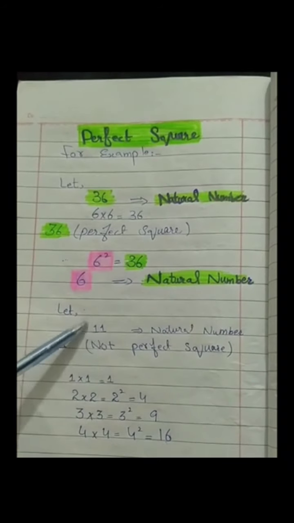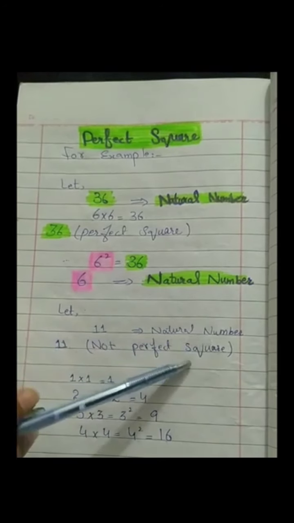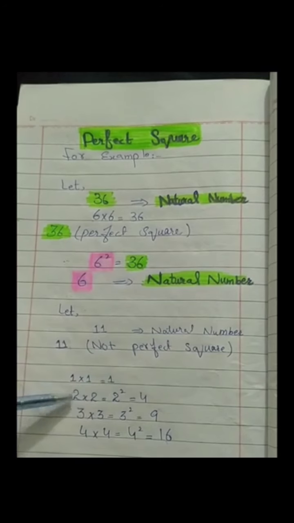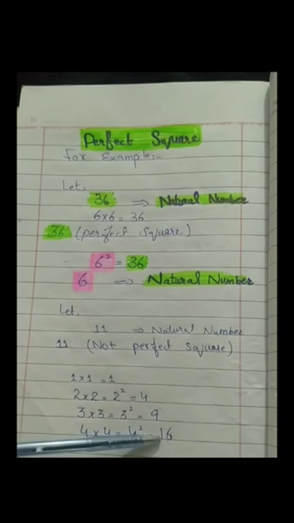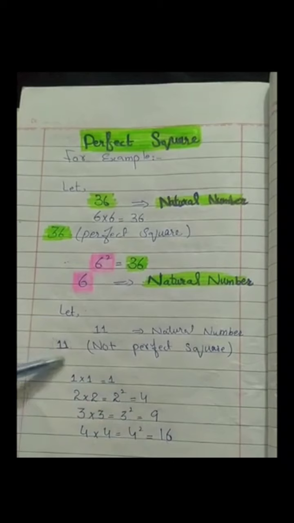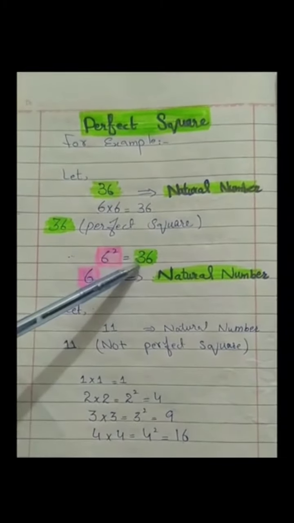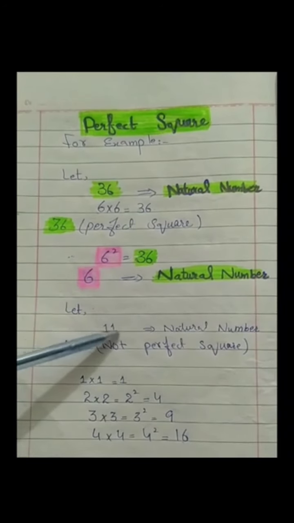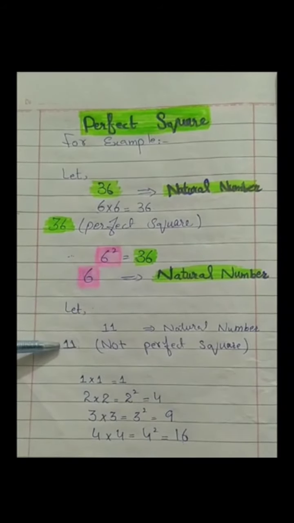Let's take another number, 11, which is a natural number but not a perfect square, because when we multiply 1 by 1 we get 1, 2 multiplied by 2 we get 4, 3 multiplied by 3 we get 9, 4 multiplied by 4 we get 16. So 11 is not in between 9 and 16. So 36 is a perfect square of 6, but 11 is not a perfect square of any number. So this is a perfect square and this is not a perfect square.